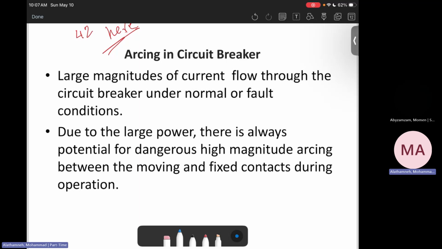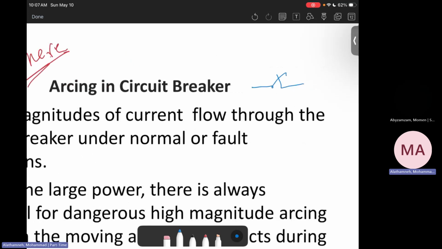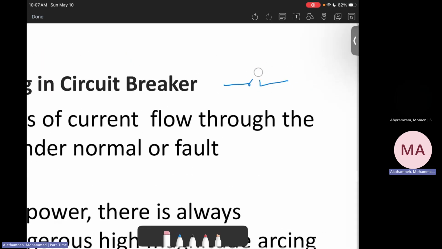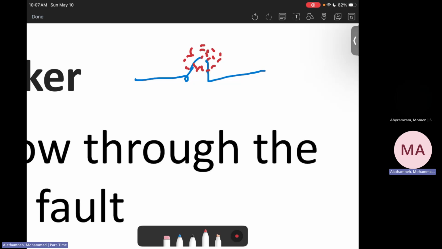In other words, the medium between the contacts will be ionized and will create an arc. So here are the contacts. When we open the circuit breaker and start opening, the medium will be ionized here and will conduct electricity. This will cause an arc, a big arc.